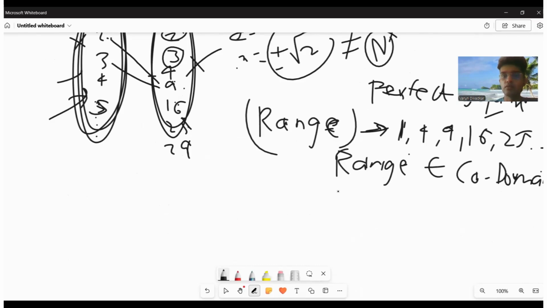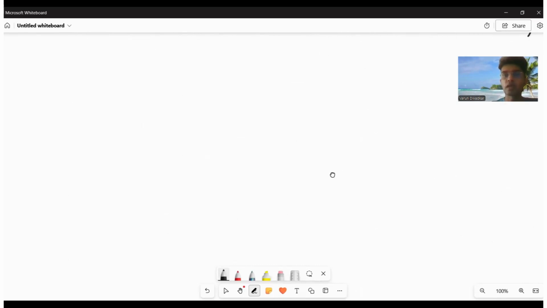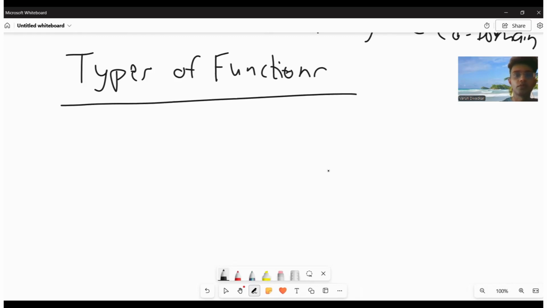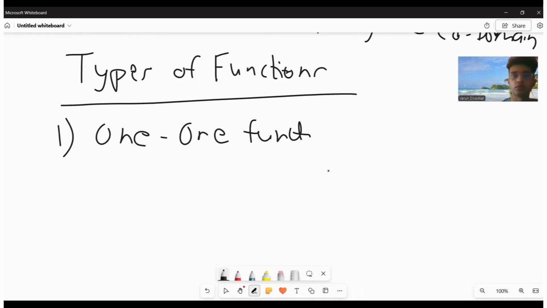Now let's look at the different types of functions. The first one is called a one-to-one function. What is a one-to-one function?